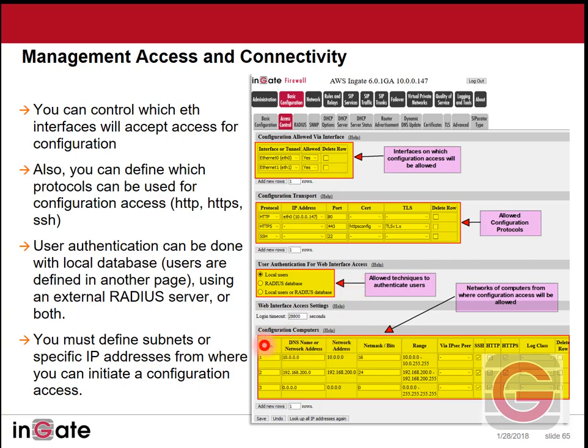And finally, the last section here is the configuration computer. Here is where you define from where you are allowing access for configuration. You have to know the difference between when we say from where, compared with when we say to where.